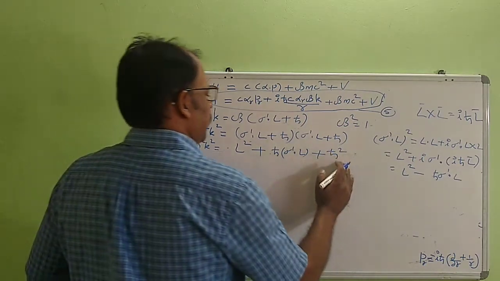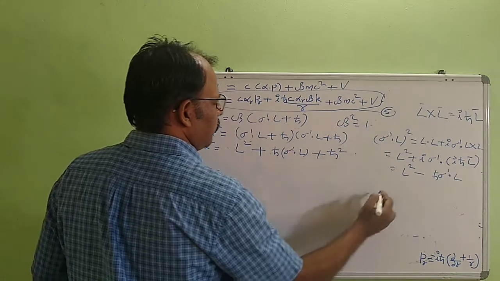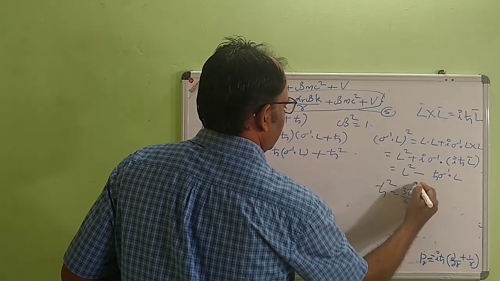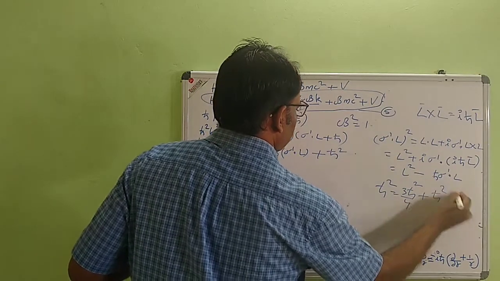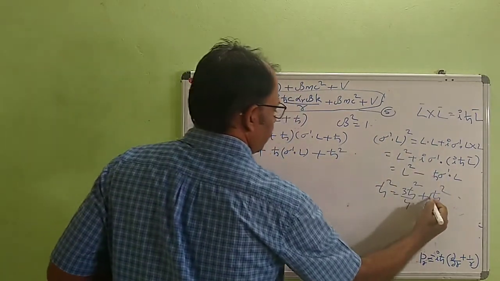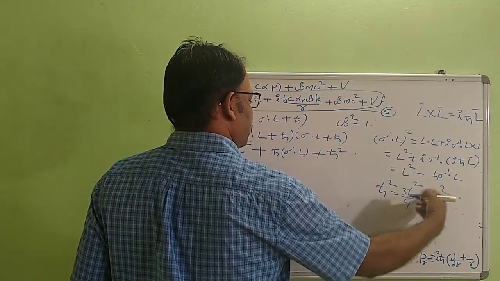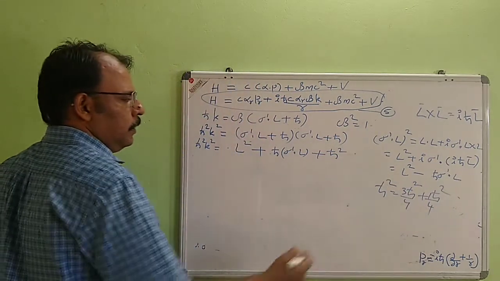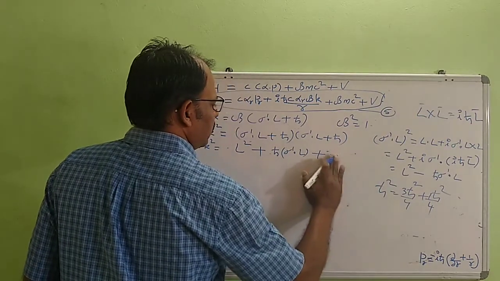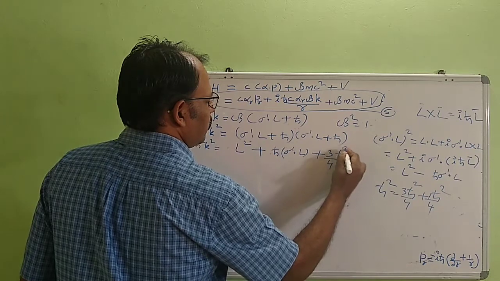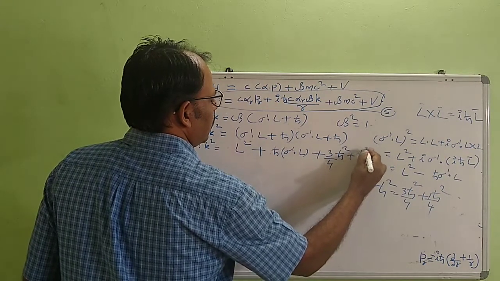Now this h bar square, I am writing it as 3 by 4 h bar square plus 1 by 4 h bar square.